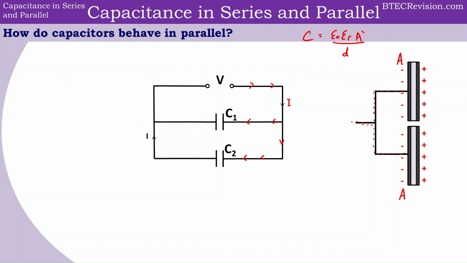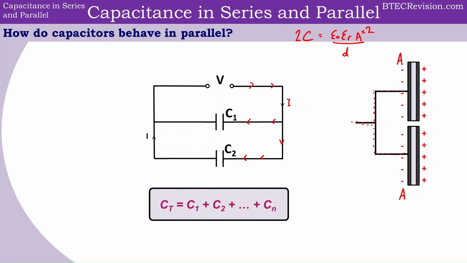Looking at the equation, if we times the area by 2, since epsilon naught and epsilon r are constants, and d is also a constant, the only variable here is the capacitance, and therefore that will also double. So to work out the total capacitance for capacitors in parallel, we can just sum each individual capacitance.